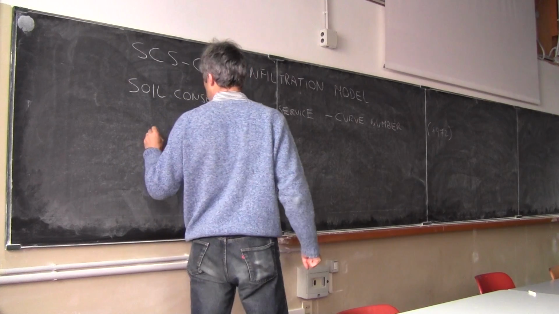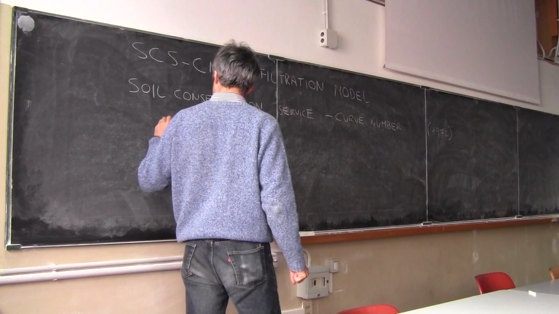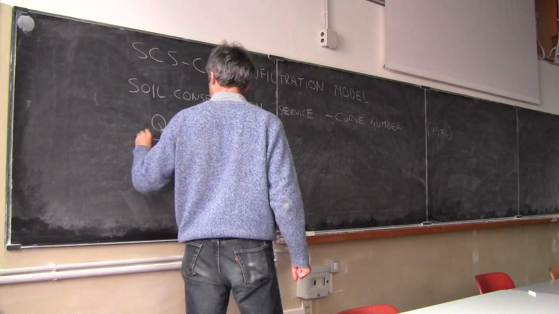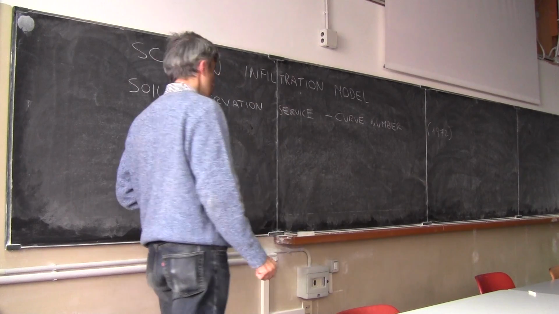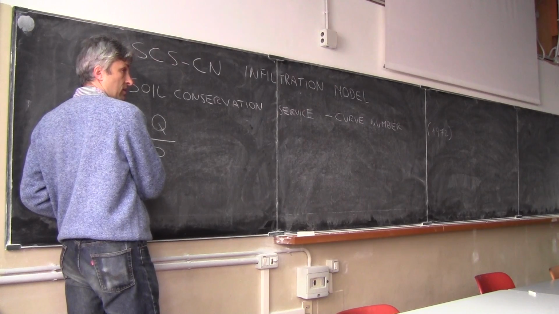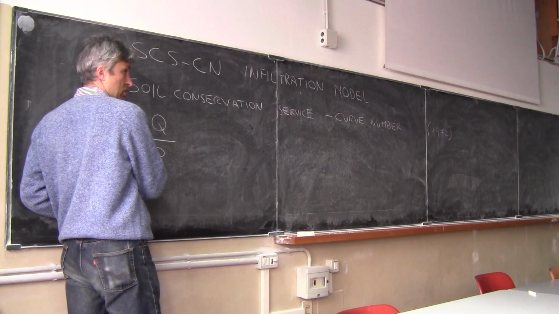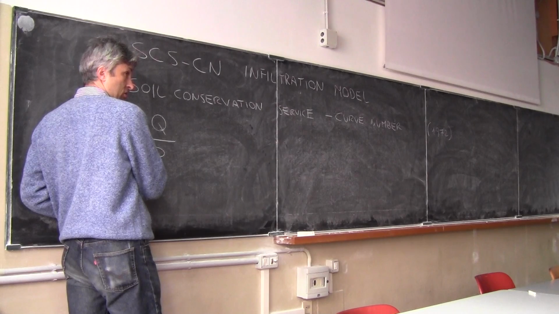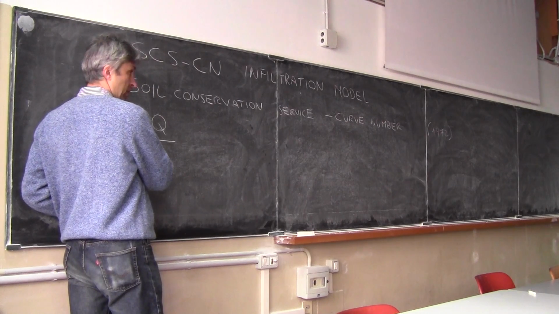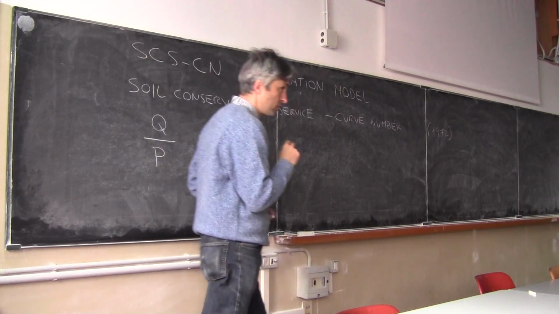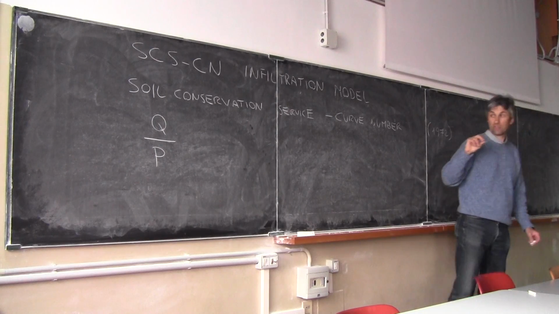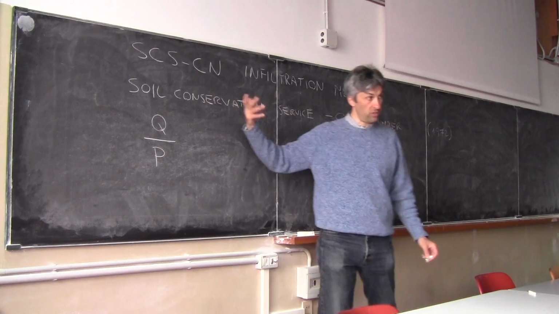The schematization is based on a relationship between the cumulative precipitation, capital P, from the beginning of a rainfall event. Again, this is cumulative rainfall. And at the numerator we have the cumulative surface runoff, Q, so cumulative net rainfall.